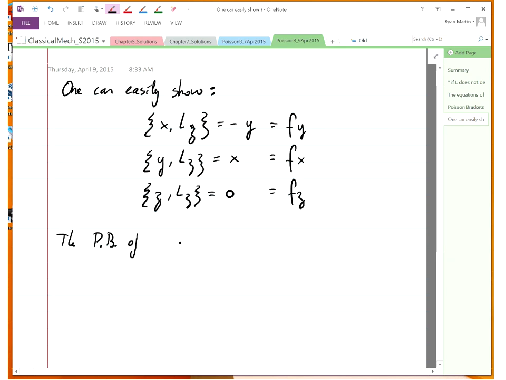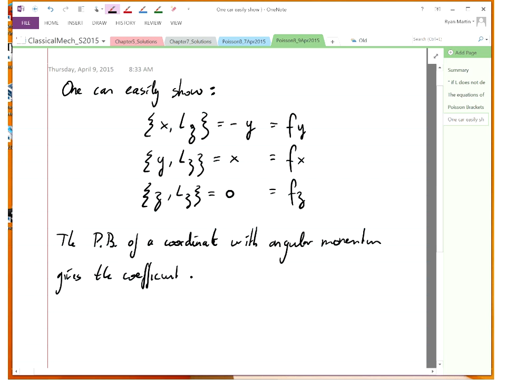So the Poisson bracket of the coordinate with angular momentum gives the coefficient of the transformation that leads to angular momentum being conserved.